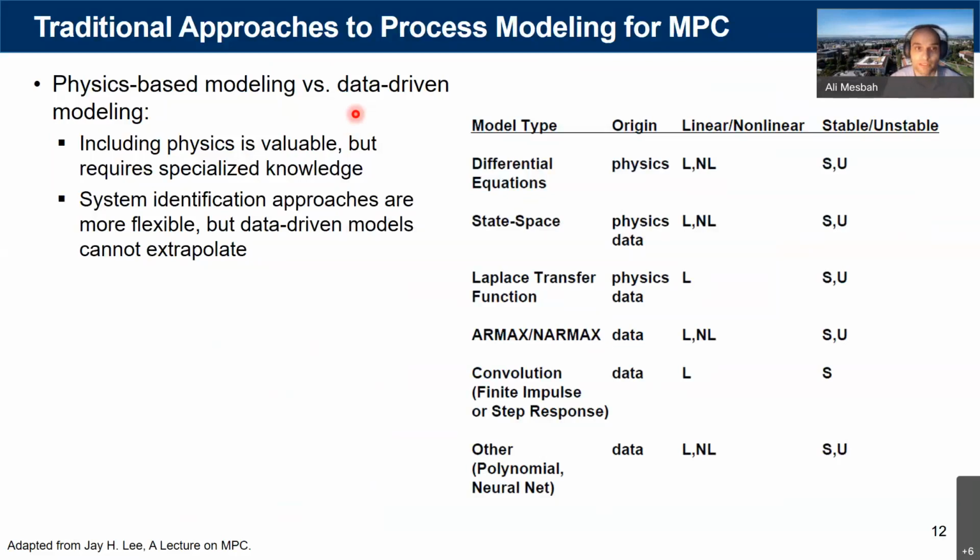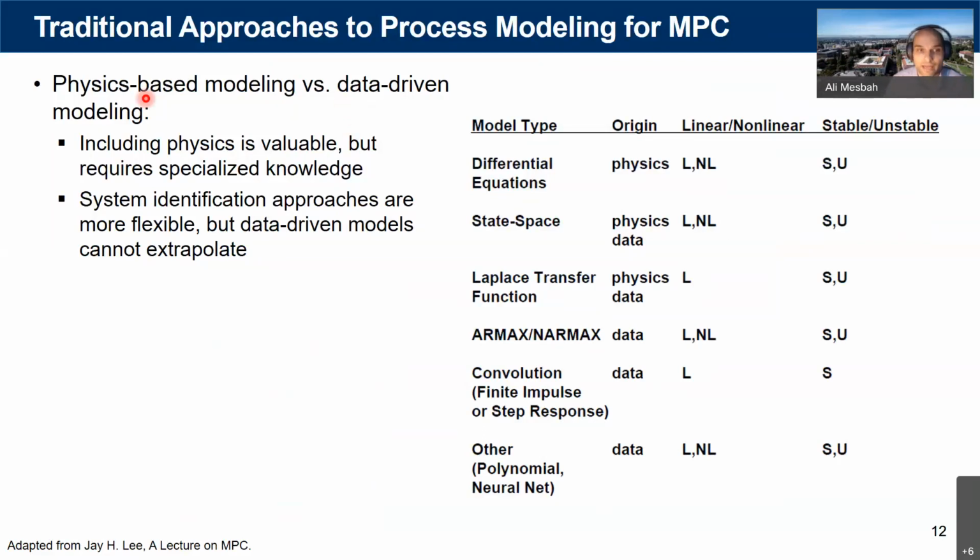Obviously, whenever we can accommodate physics into our models, it does make sense to take physics-based modeling approaches, right? Especially when we have this specialized knowledge. Again, for emerging applications, for complex systems, the physics may not be fully known, right?